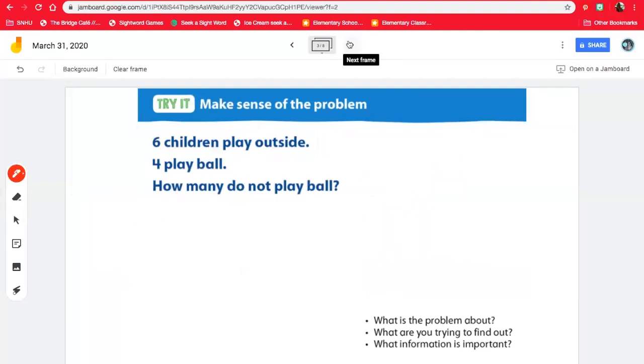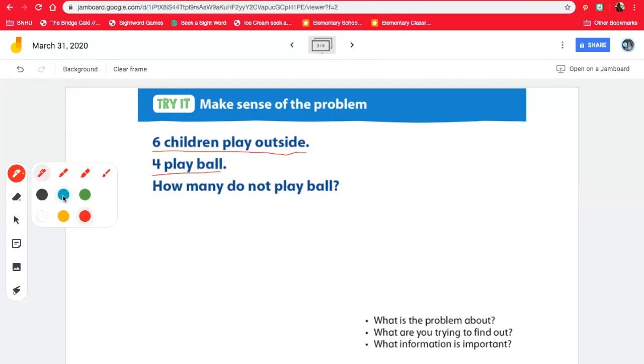We have a new problem to solve. It says 6 children play outside, 4 play ball. How many do not play ball? So I want to know, what is this problem about? Well, I know 6 children play outside, so the total is 6, and only 4 play ball.